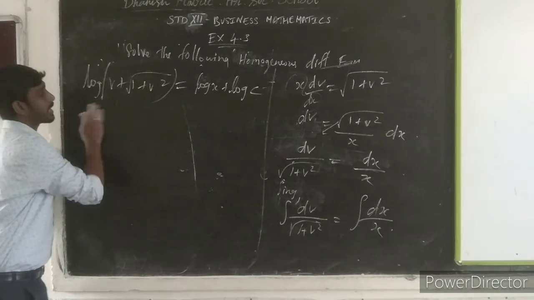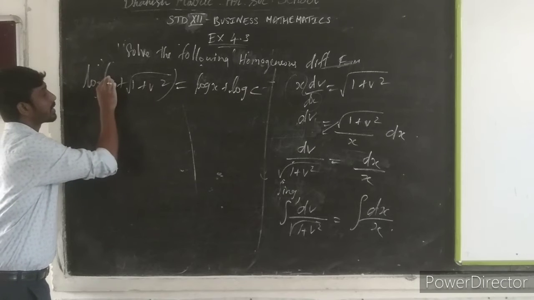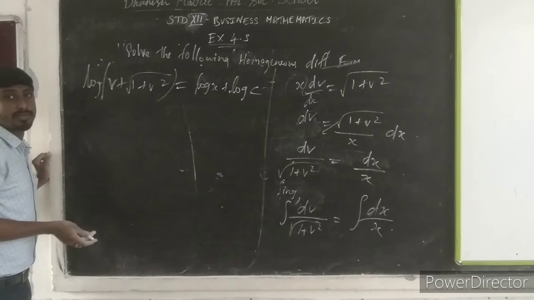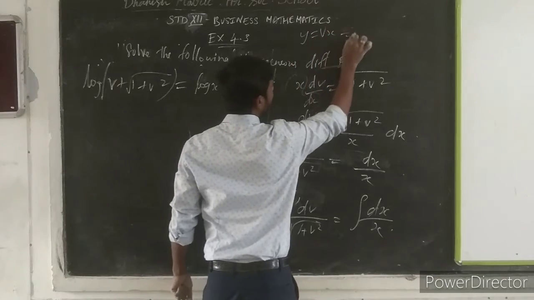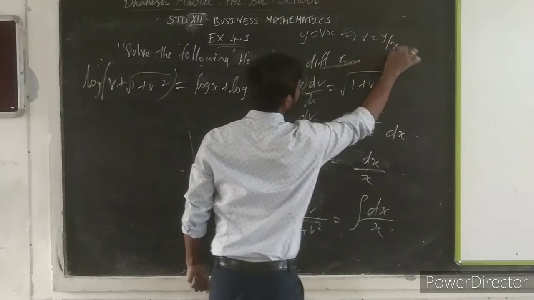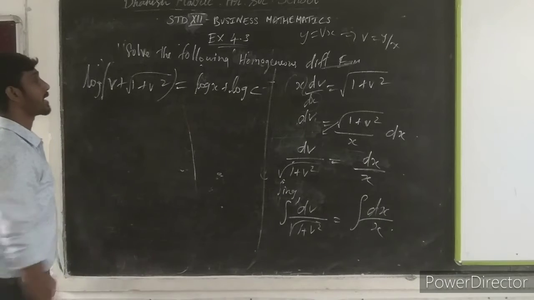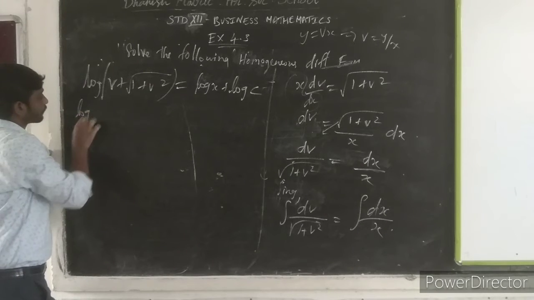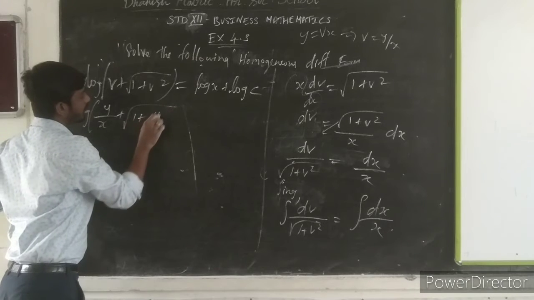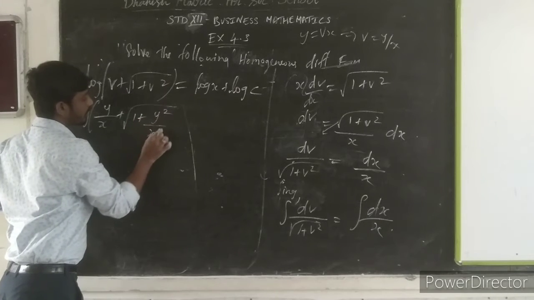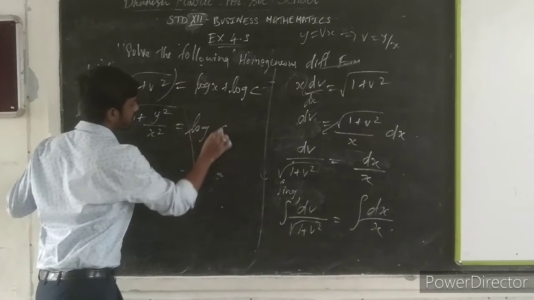Here we are going to apply the y value. What is the v value here? Last time we saw that y is equal to vx, meaning v is equal to y divided by x. Now we apply this: log of y divided by x plus root of 1 plus y square divided by x square equal to log cx.